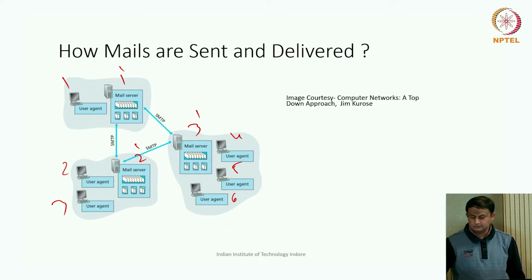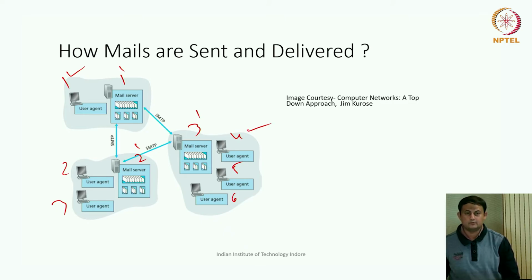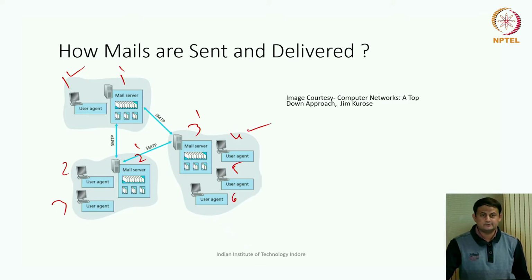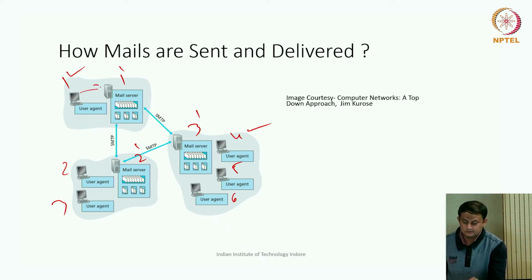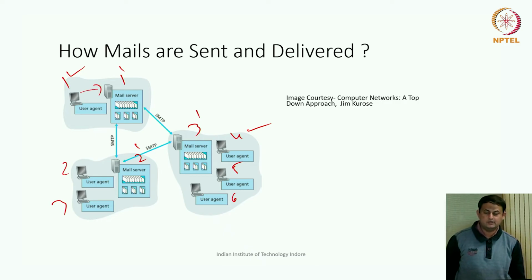So if user 1 wants to send an email to user 4, the email client, the user agent of user 1, delivers the message to the mail server to which he or she is connected. In this case, 1 prime is the mail server.